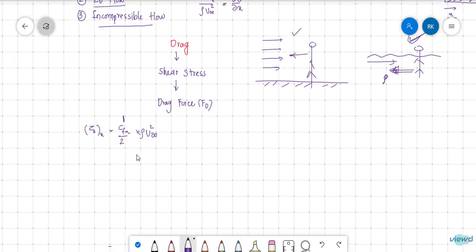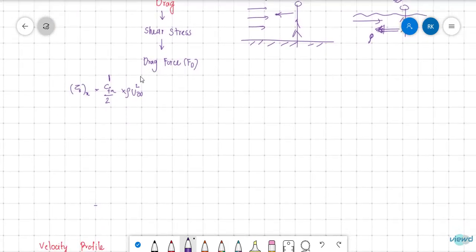Now, how can we find this drag force? We will find the Cfx in the later case. So now first let us find drag force. We have seen that if this is the plate, so this is the plate and this is width b.